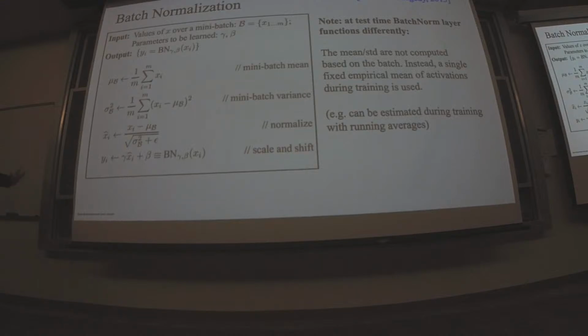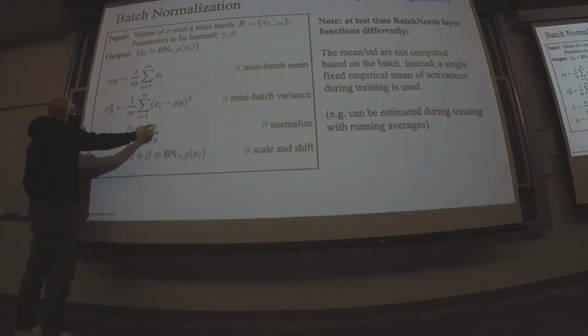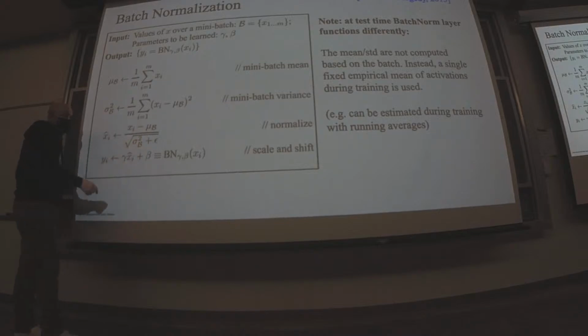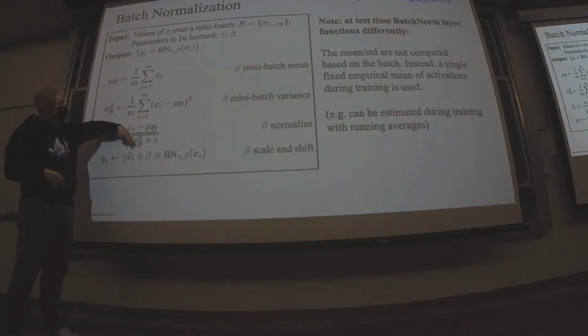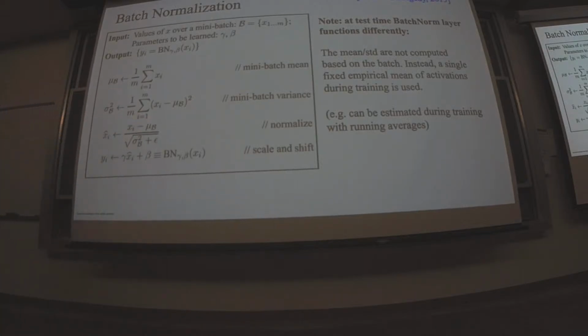So what you do at test time is, during training, you actually keep a running average of the mean and the variance here, right? So you have all these mini batches, so you just have this exponentially moving average of both the batch mean and the batch variances.